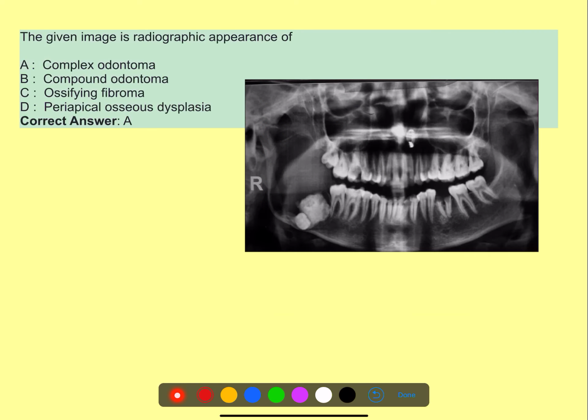The given image is a radiographic appearance of, you can see here a radiopacity and this radiopacity is obstructing the eruption of this third molar. This mostly occurs because of a complex odontoma. Ossifying fibroma or periapical osseous dysplasias, as the name indicates, are nearly in the periapical region.